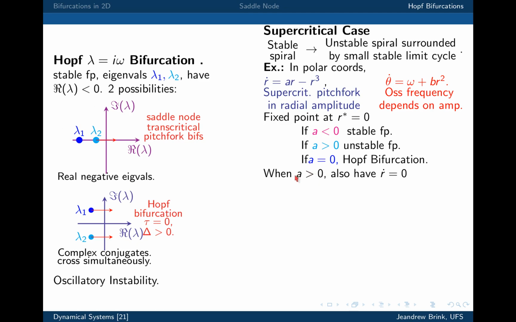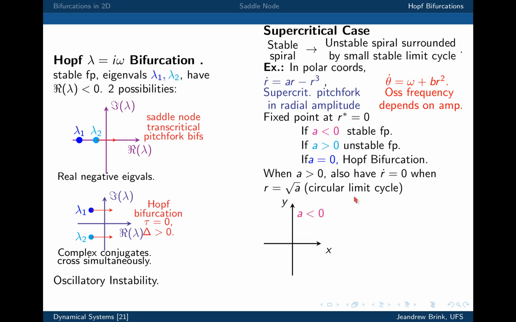If a is greater than 0, you also have a second fixed point where r dot is equal to 0 that's distinct from 0. You basically factor out this radius, and you find that at r equal to the square root of a, you have a second fixed point. And that fixed point corresponds to a circular limit cycle because you're basically choosing a preferred radius.